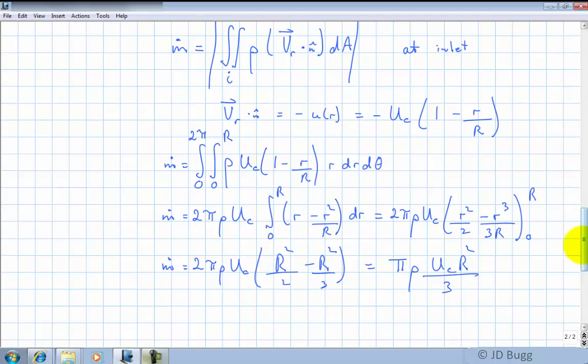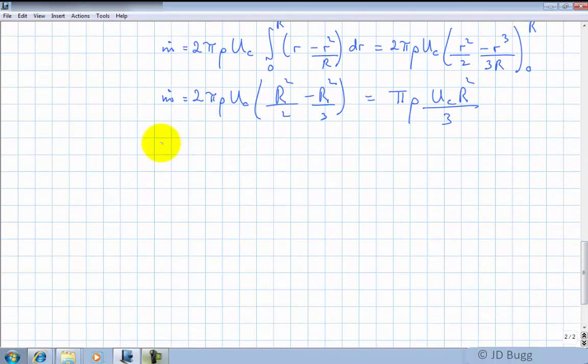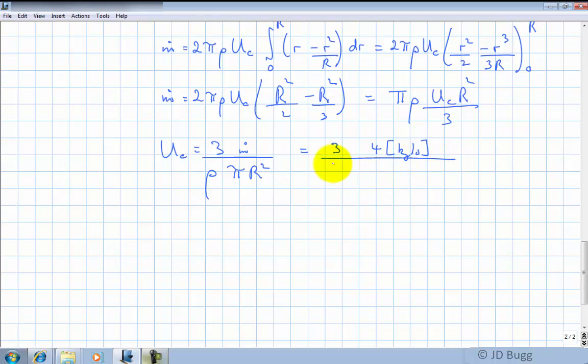So this relates the mass flow rate to that centerline velocity. So we can now calculate our centerline velocity. U centerline will be equal to 3 m dot divided by rho pi R squared. So that's equal to 3 times the mass flow rate, which was given as 4 kilograms per second, divided by the density, 1,000 kilograms per meter cubed, times pi times R squared, 0.05 meters squared.